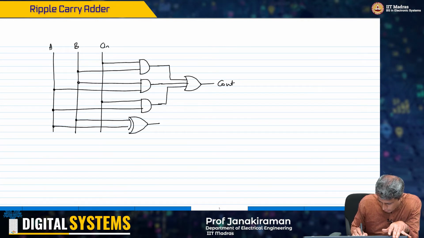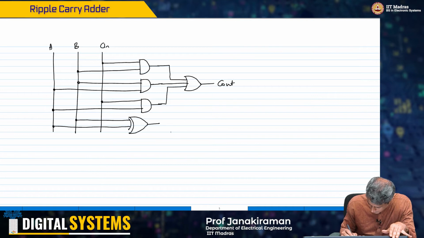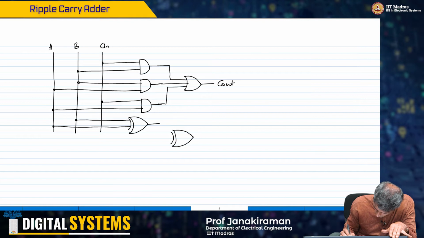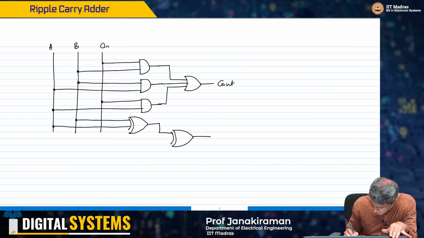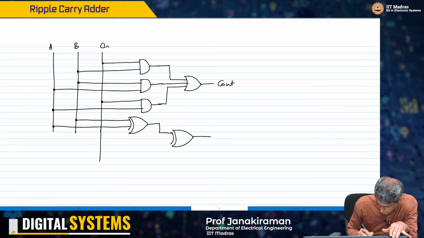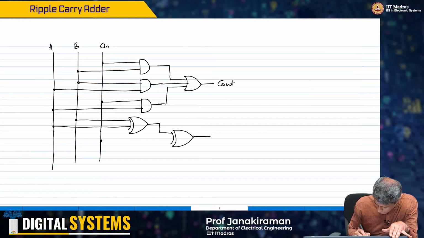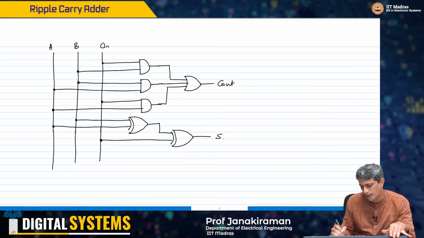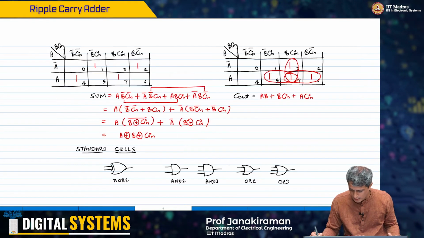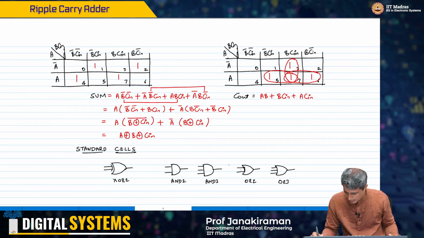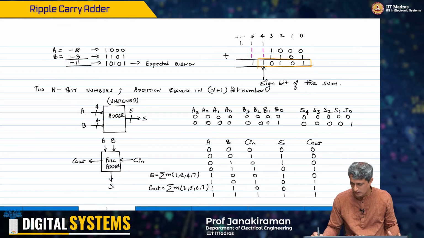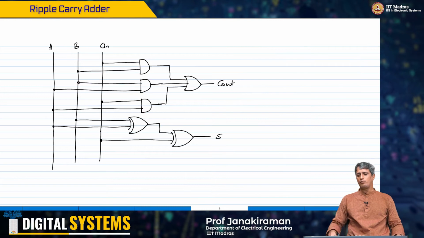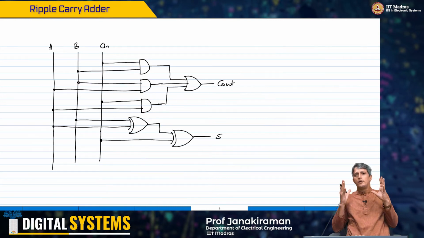Get A XOR B out here, and then you generate the sum. This is my sum bit, this is my carry bit, and effectively this is the Boolean implementation of the full adder.